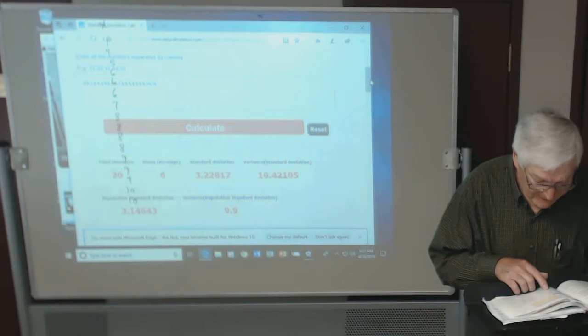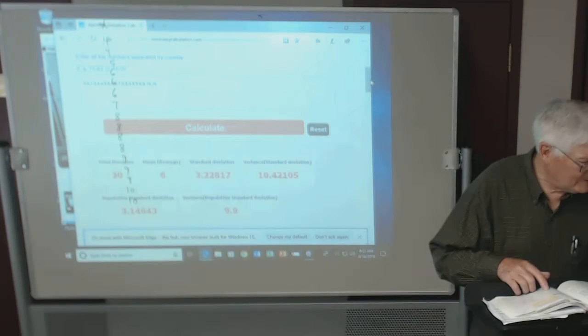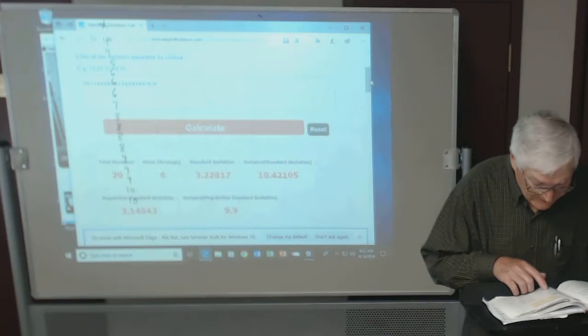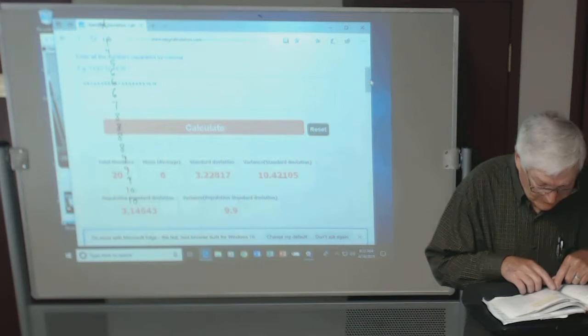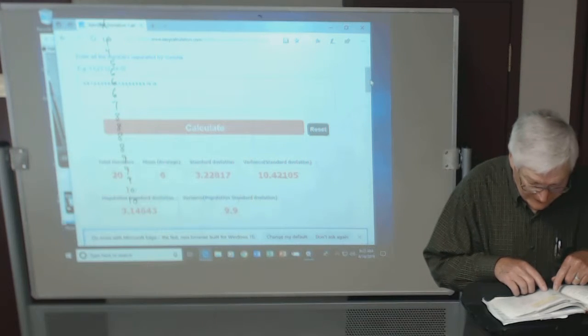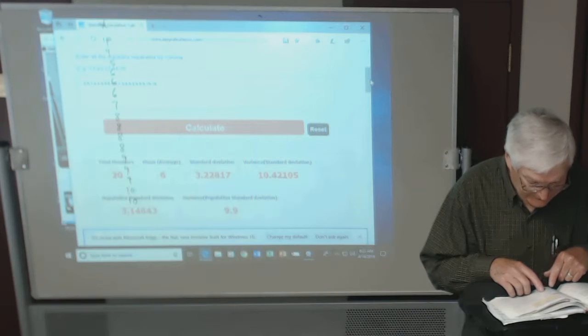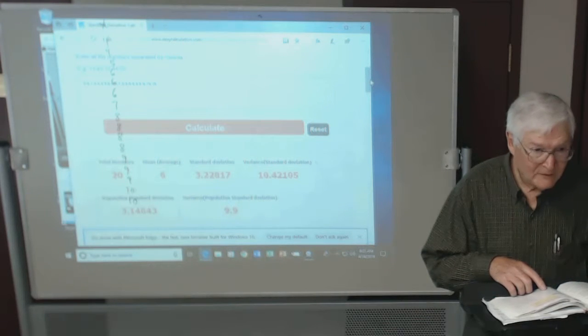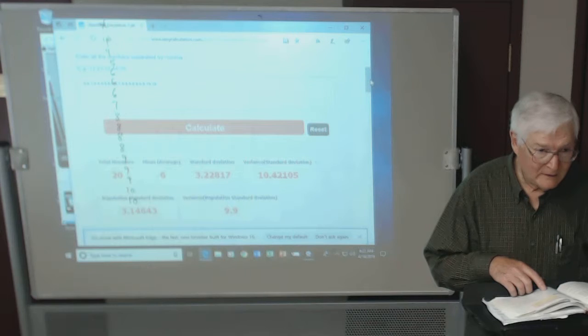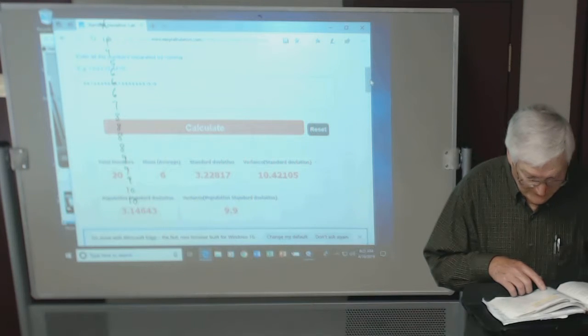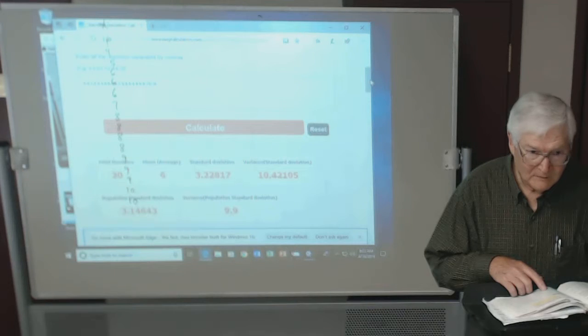The median: how many scores were there? 20. So I go up 2, 4, 6, 8, 10, and the median is right between 6 and 7. You follow that? What's right in the middle between 6 and 7?